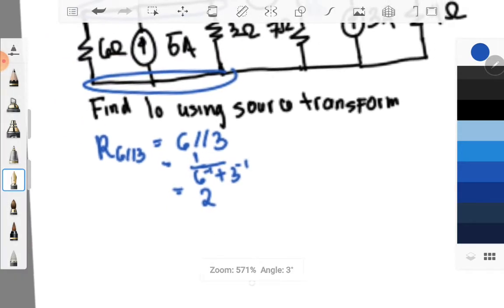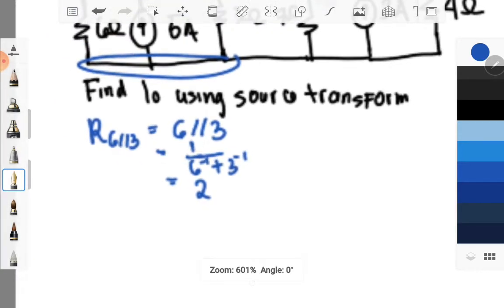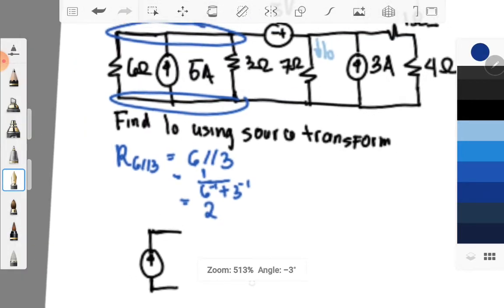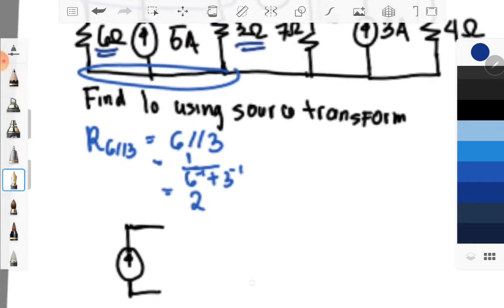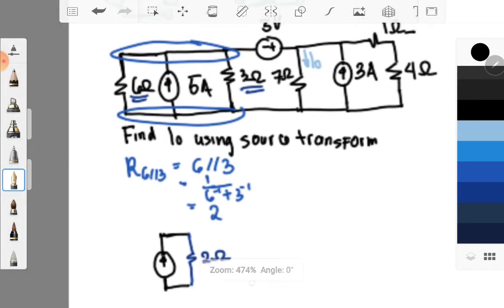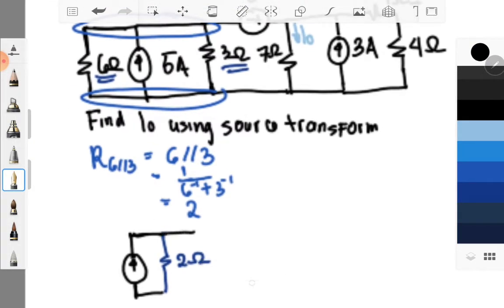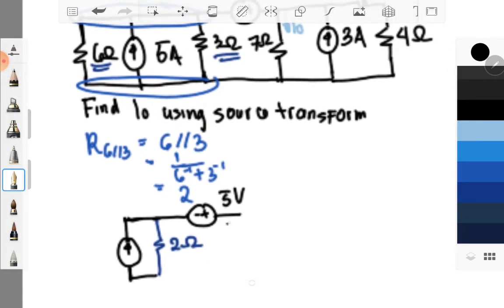So I may rewrite our circuit diagram into a 5 ampere current source, and then a 2 ohm combination of your 3 and 6 ohm resistors, and then it is connected to a positive 5 volts, and then we have the 7 ohm resistor, which we will use to get the Io.